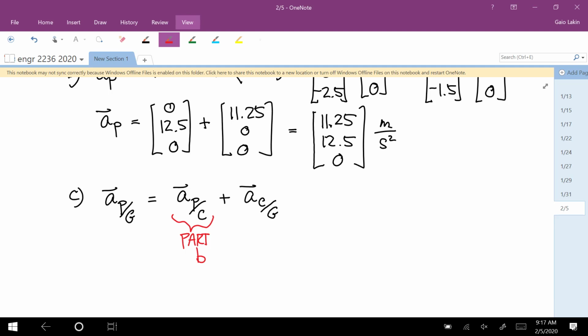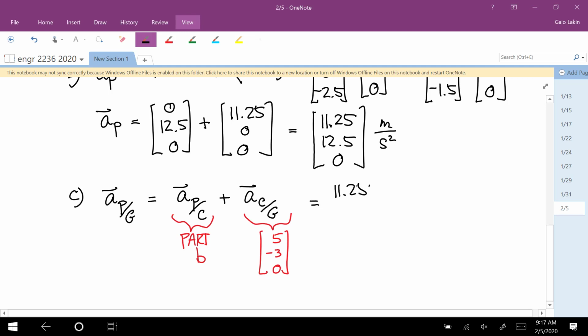And the center relative to the ground we're given now is 5, -3, 0. And so this is 11.25, 12.50, plus 5, -3, 0.